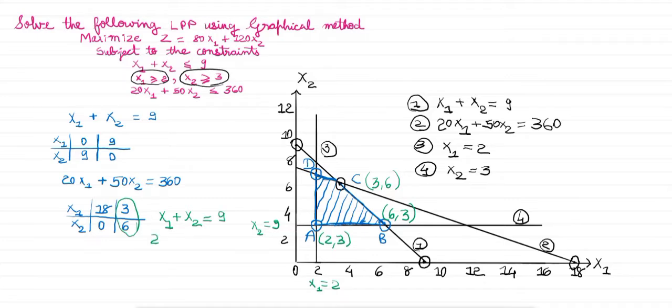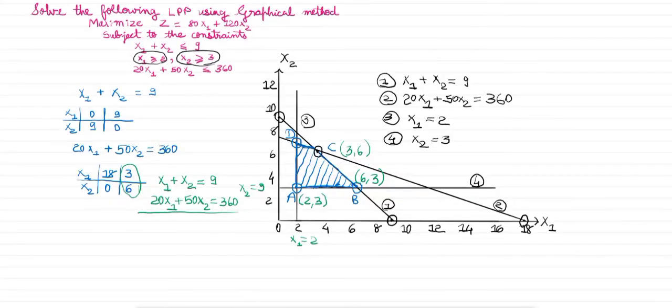Then we have to find the coordinates of the point D because it is not clearly visible from the graph. So to find that, we'll use this equation 20x1 plus 50x2 is equal to 360. And we already know that the vertical line is x1 is equal to 2. So we'll place 2 in place of x1 and we'll get the value of x2.